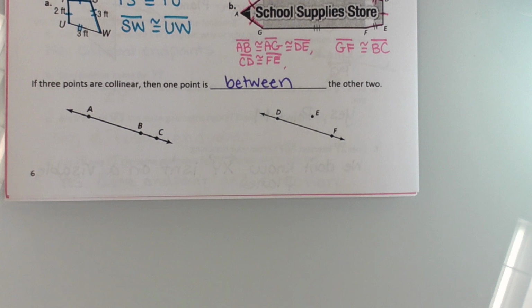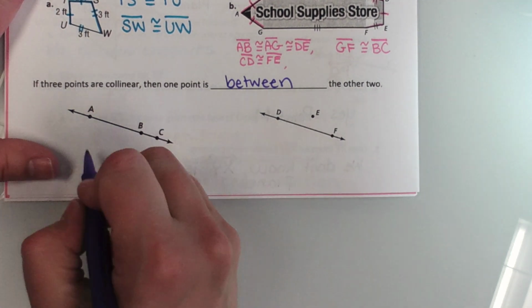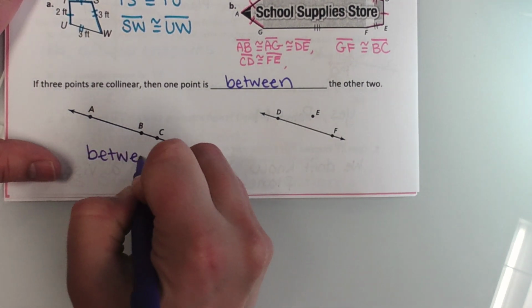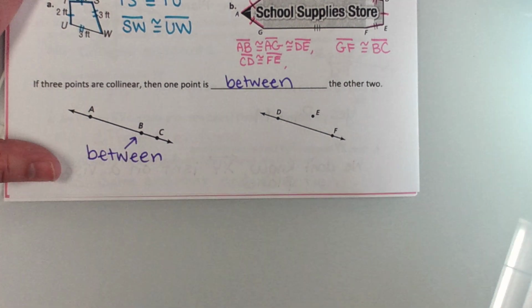So between me and Jackson, when I stand right here, is Olivia, Ava, and Aria only. Because if you were to draw a line between me and Jackson, those 3 would be the only 3 people we would go through. So this is between. B is between here.